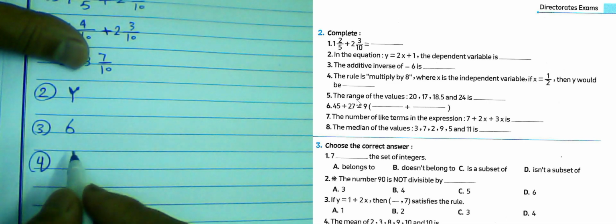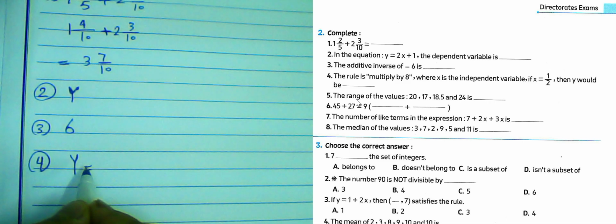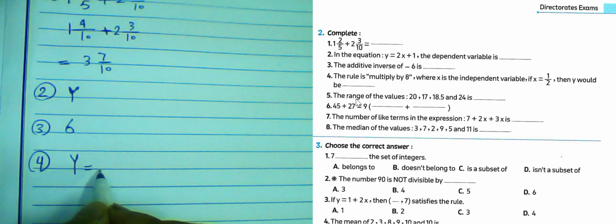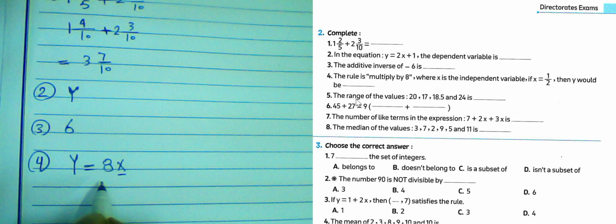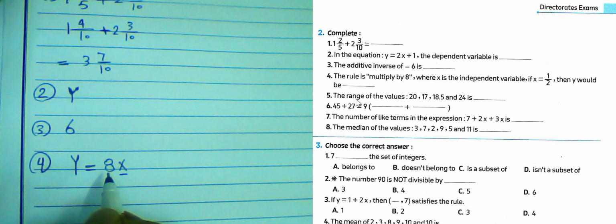We write 8 product by x because x is independent. You want to find the result.